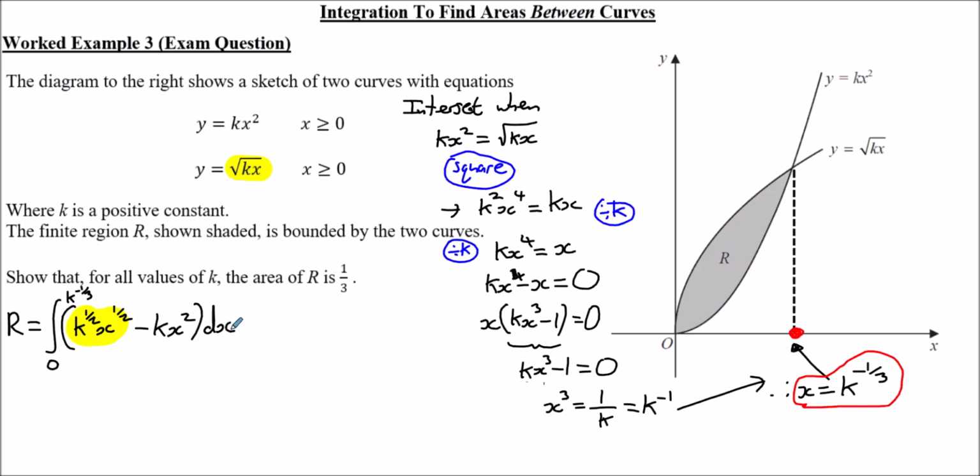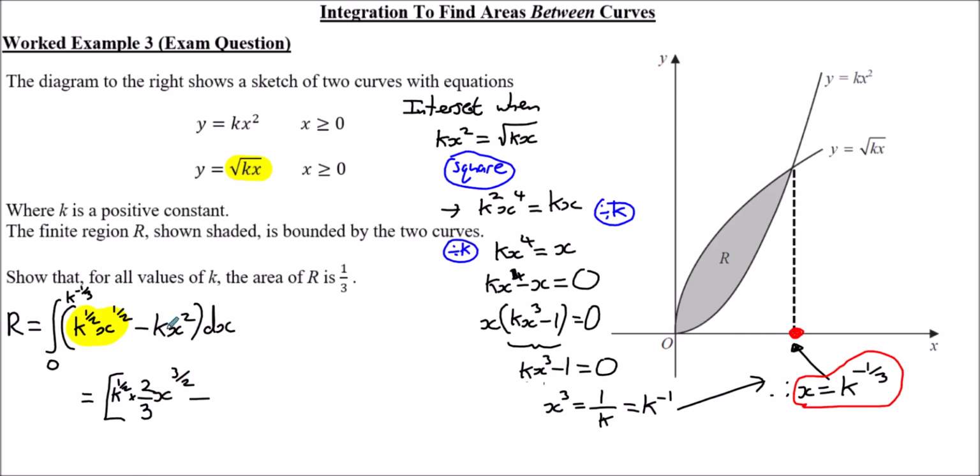Now these functions here aren't too bad to integrate at all, actually. So k to the half is just a constant, so that's going to stay as it is. So x, the power of x is obviously going to increase by 1, so we're going to get x to the 3 over 2. Then we divide by that new power. So dividing by 3 over 2 is the same as multiplying by 2/3, but I've obviously got this here. So I've got k to the half times 2/3 x to the 3 over 2.